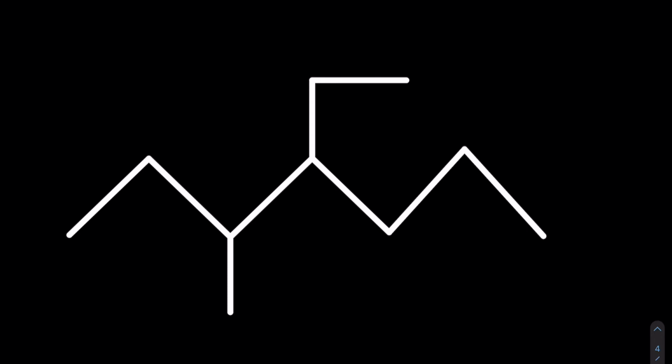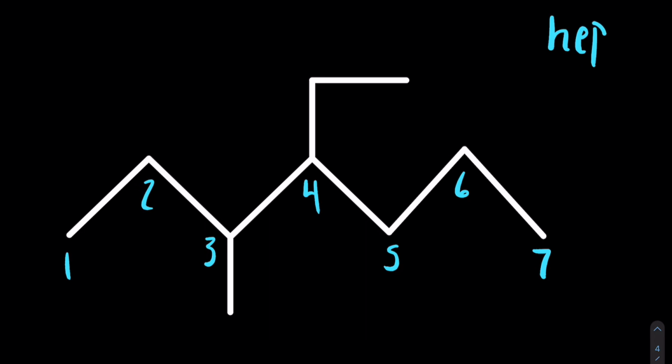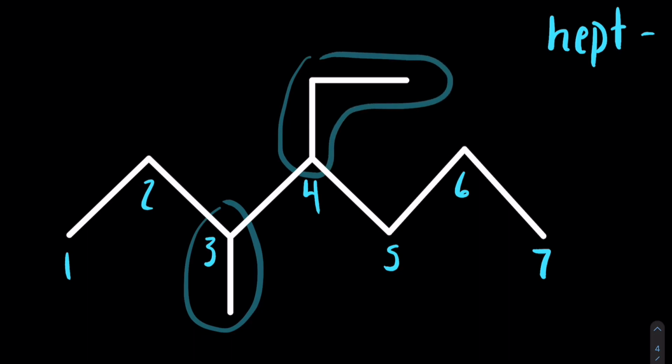All right, last example. First order of business, number the molecule. So we look to the side that will give the first substituent the lowest number, which happens to be this side. 1, 2, 3, 4, 5, 6, 7. So now this is a hept molecule, hept for 7. Now we turn and look at the substituents. This one is a methyl group. This one, although different than what it looked like before, is an ethyl group.